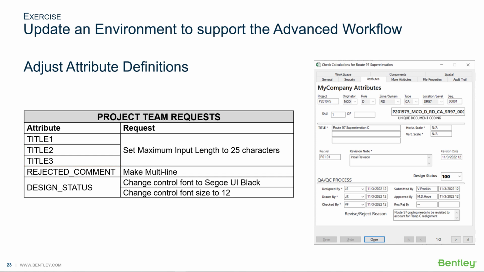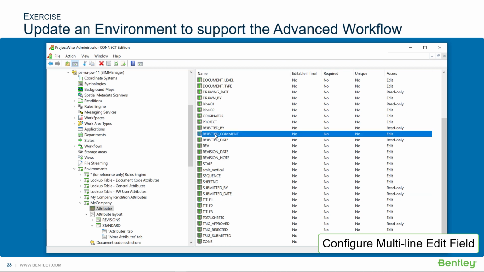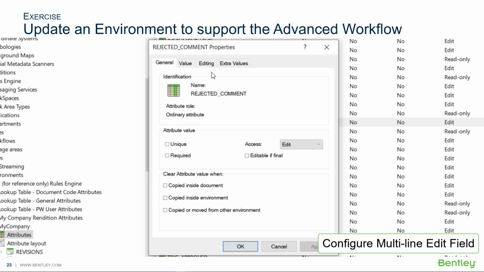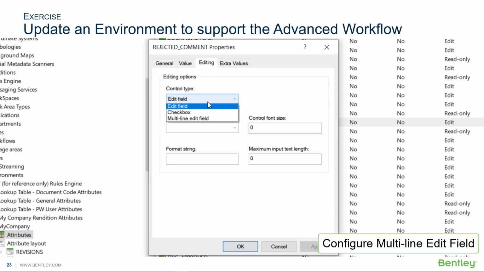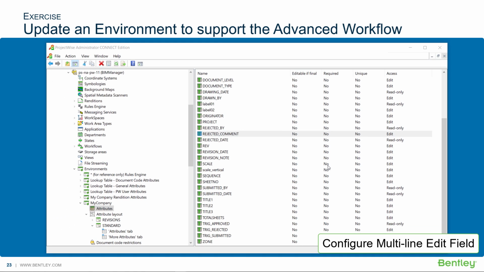Now let's configure the rejected comment to be multi-line. In ProjectWise Administrator, open the properties for the rejected comment attribute. On the Editing tab, set the control type to multi-line edit field. Click OK to save the change and dismiss the Properties dialog.